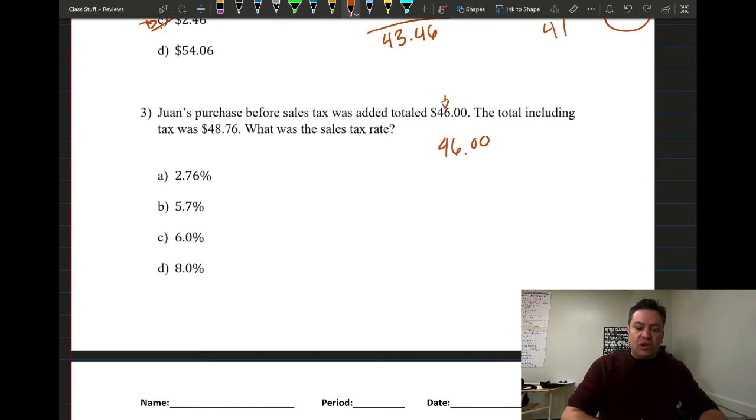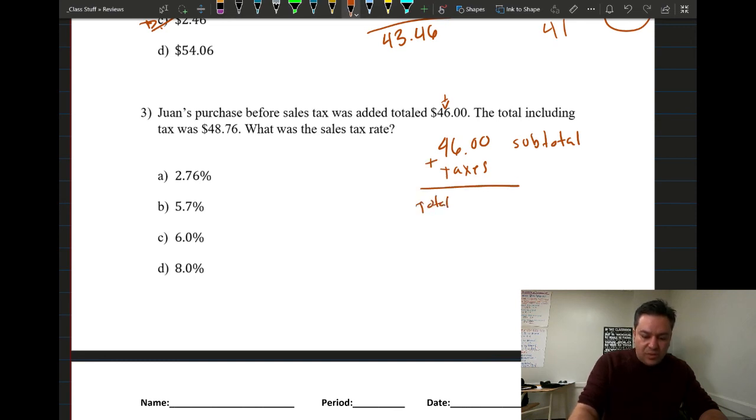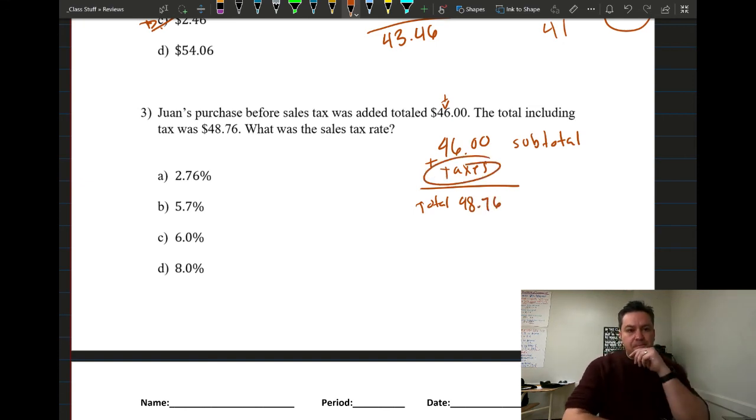Even if it's a whole number, you've got to add the 2 zeros because we're talking about money. This right here is the subtotal. And then we have taxes. So you add taxes, and then you get the total. In this case it is $48.76. We need to find this, okay?